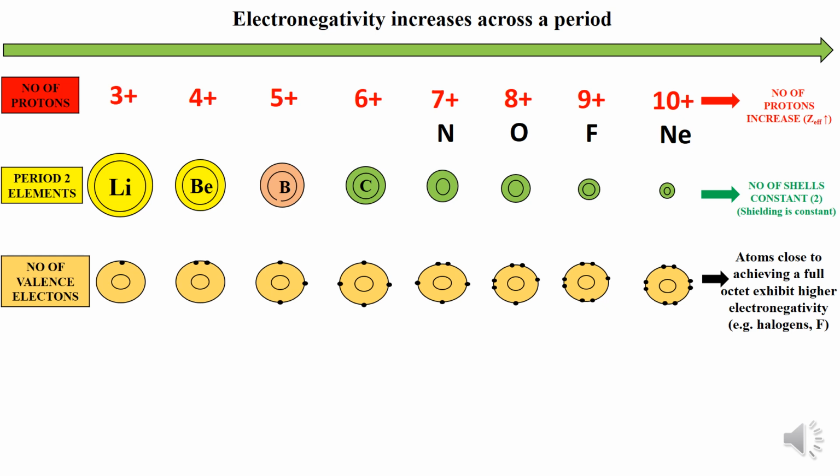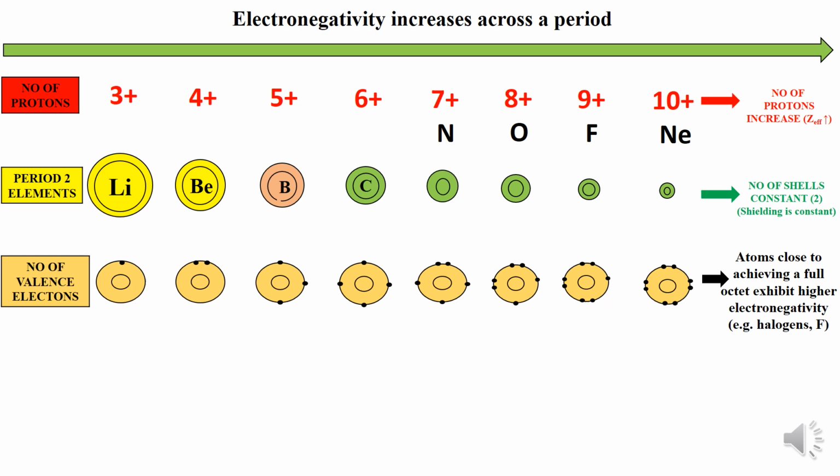So atoms close to achieving a full octet will exhibit higher electronegativity. For example, fluorine. Now the halogen group, which is the 7th group, is close to the 8th group, that is the noble gas group or the zero group elements.